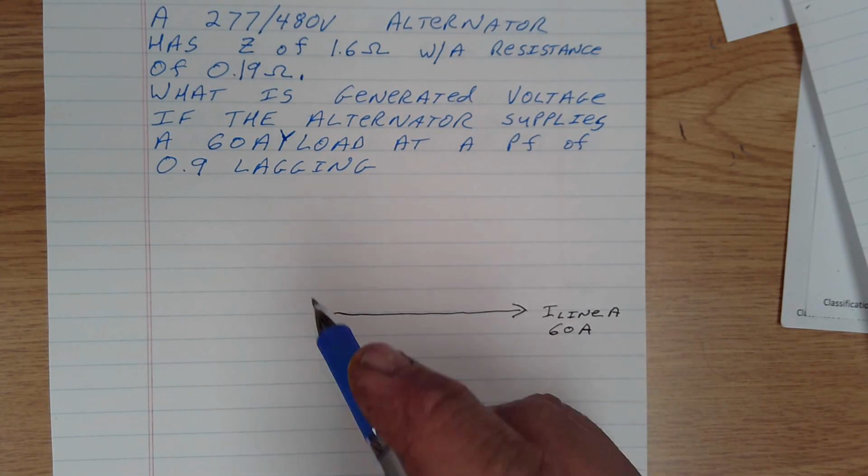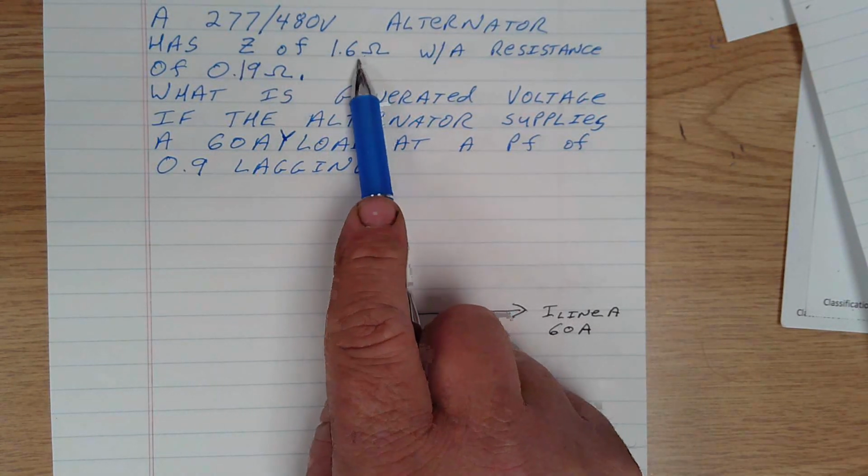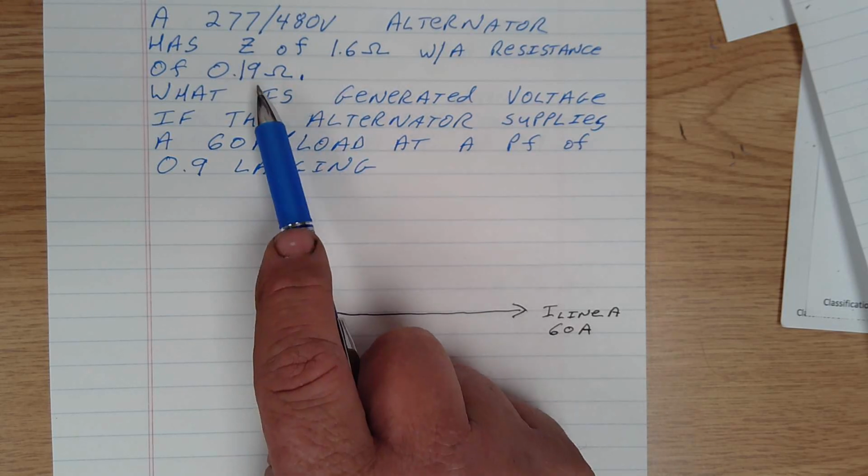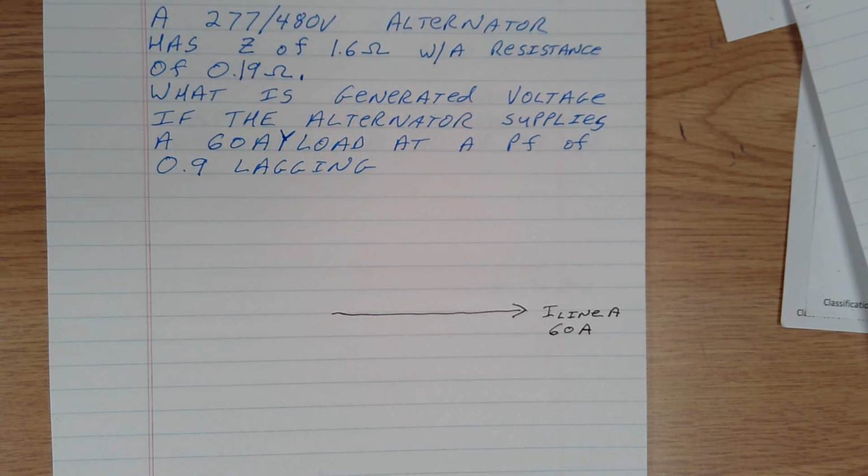Now, first thing we need to do, we have the impedance of our alternator and we have our resistance. So we're going to have to determine how that impedance is broken down within the alternator.